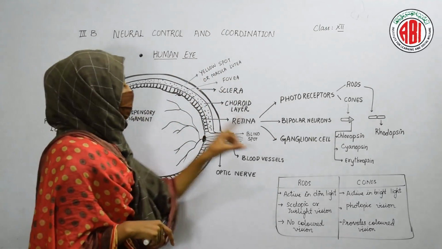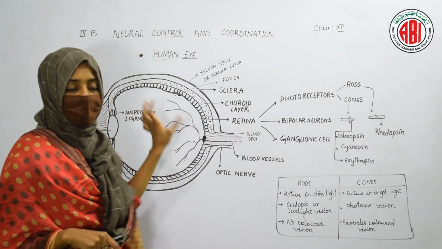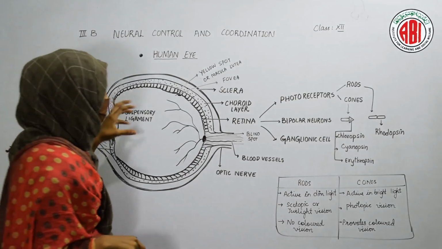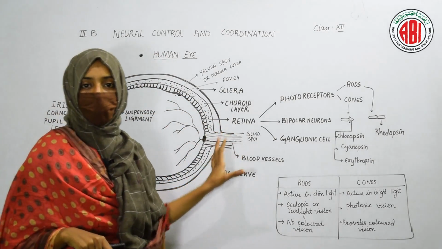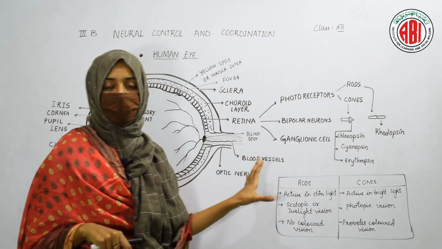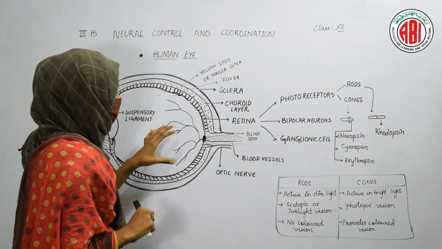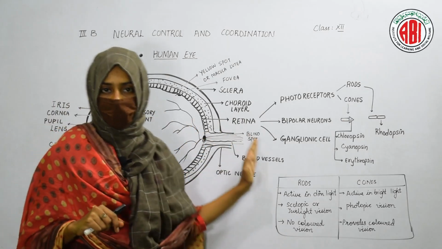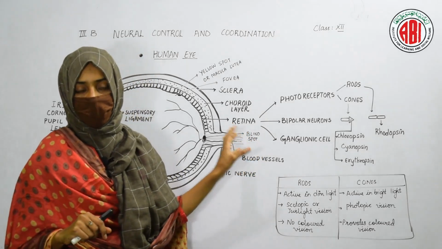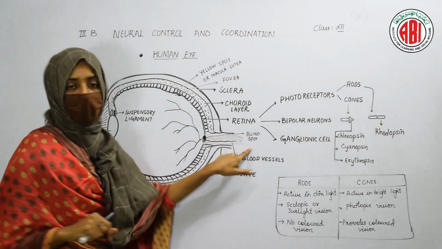As I told you, bipolar neurons and ganglionic cells are present in the layer retina. These bipolar neurons and ganglionic cells take the message and move it to the peripheral nervous system. So, the way for the nerve cells is the blind spot. The nerve cells can come out of the retina and transmit the message by the way called blind spot.